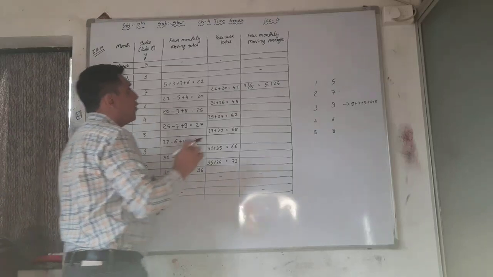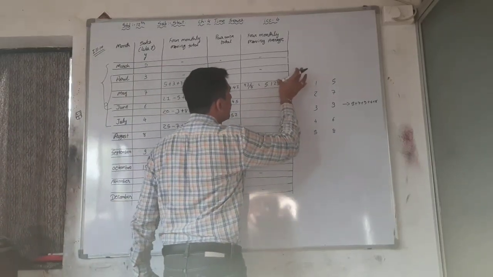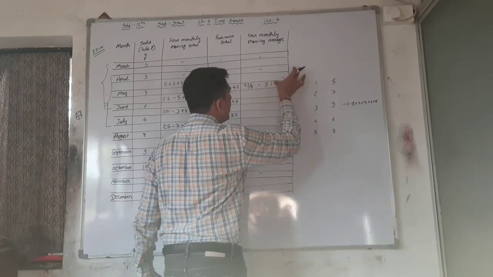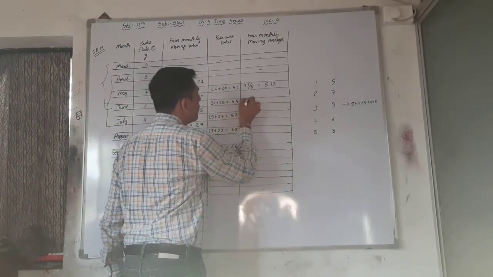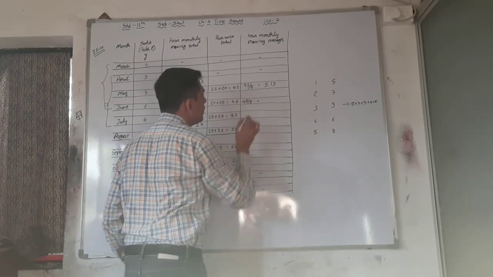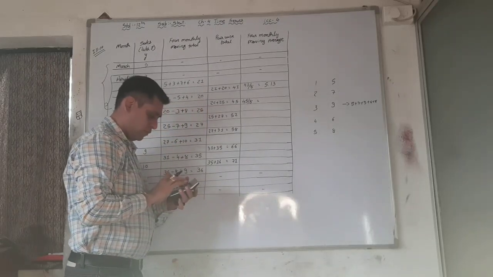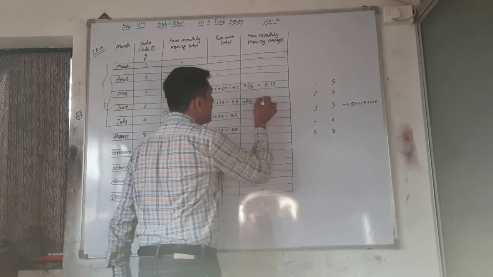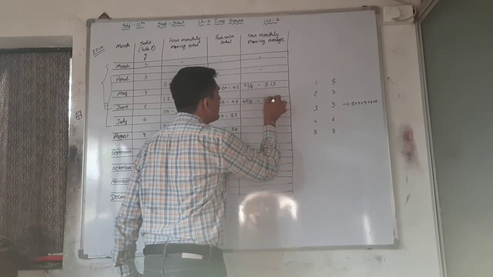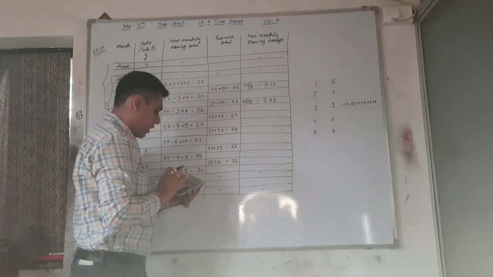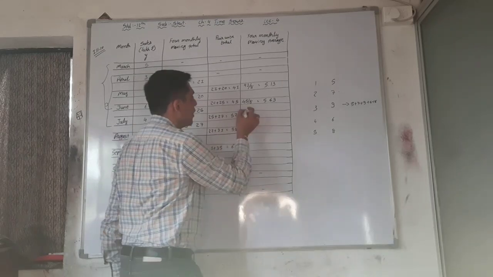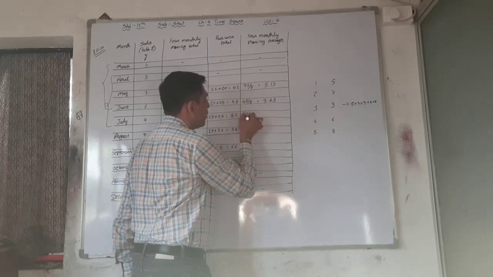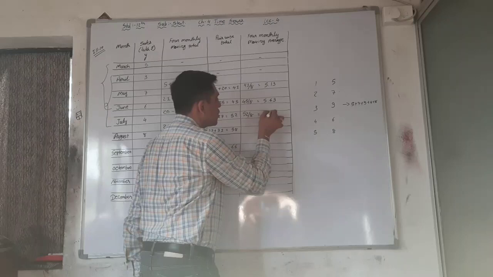Or we can say 5.13. Then 45 divided by 8, 5.625, that's why 5.63. Then 52 divided by 8, directly 6.5.